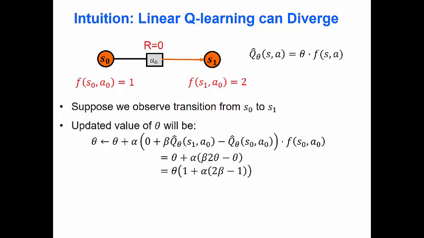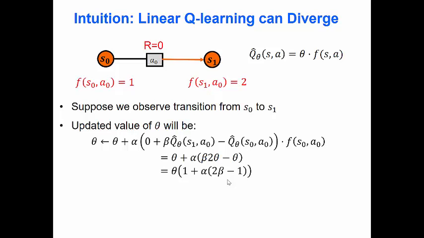Alpha we'll just take to be a constant. When beta is greater than 0.5, this is going to be positive, and this will be greater than 1. And if this is greater than 1, it's going to cause theta to get larger by a multiplicative factor.